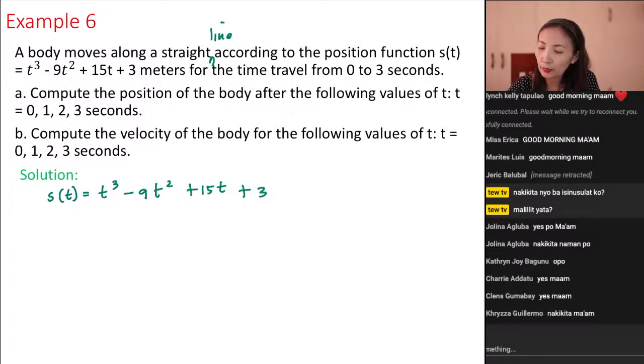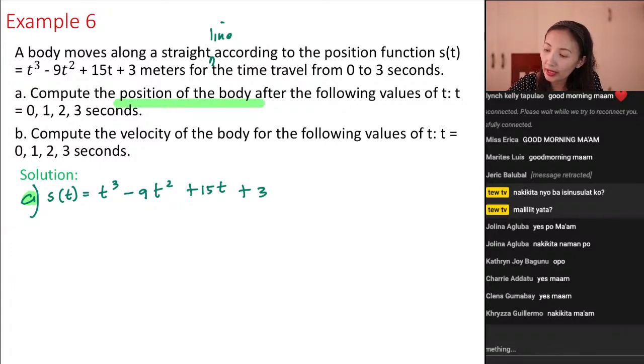Letter A, compute the position of the body after the following values of t. So the problem, letter A, asks for position, how far it is after 0 seconds, after 1. So for A, we simply evaluate the function at t equal to 0, t equal to 1, t equal to 2, t equal to 3, because the problem asks for position only, the distance. Where is it now.